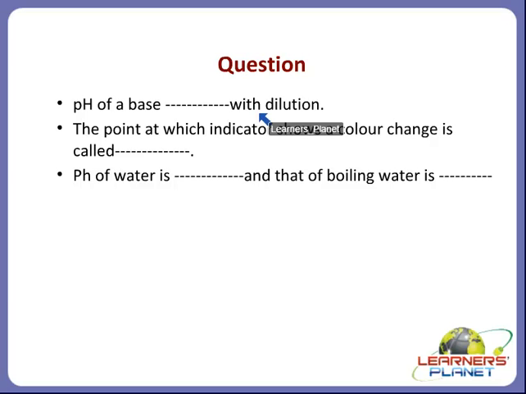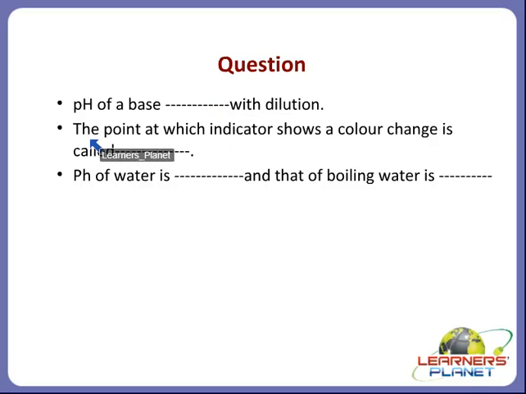I explained to you that with dilution the hydrogen ion concentration per moles per liter decreases. So what will happen to the pH of a base? It will increase further. This question I have discussed in detail in my previous session. So its answer would be decreases with dilution.